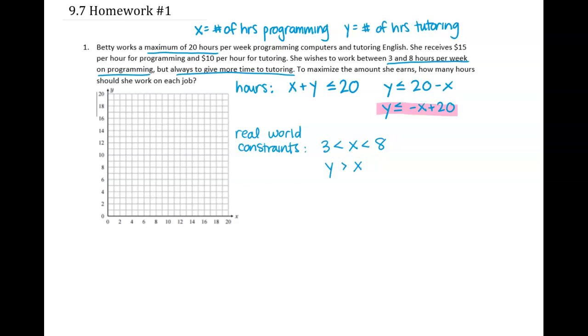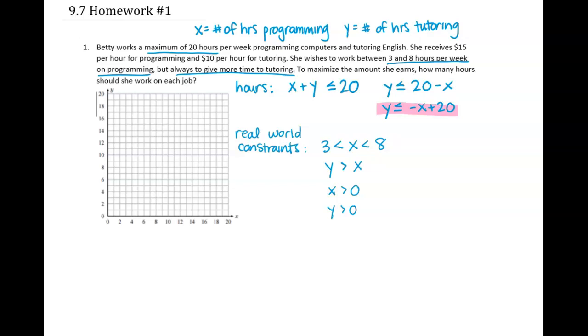What else? Usually zeros come into play. We know y has to be greater than x, and we also know that x has to be greater than 0, and y has to be greater than 0, because she can't work negative hours. So that doesn't make sense. Almost everything with the real-world examples will always have x and y greater than 0.